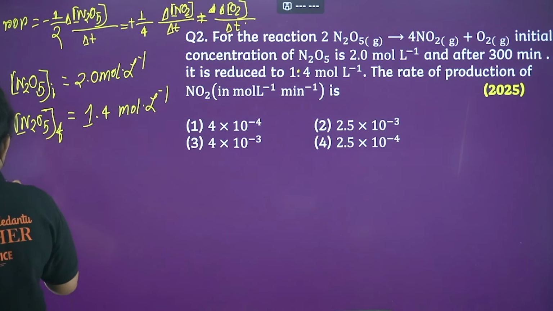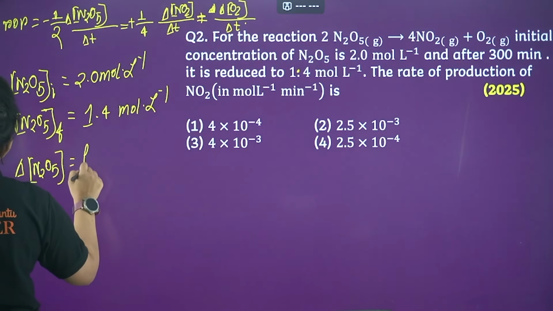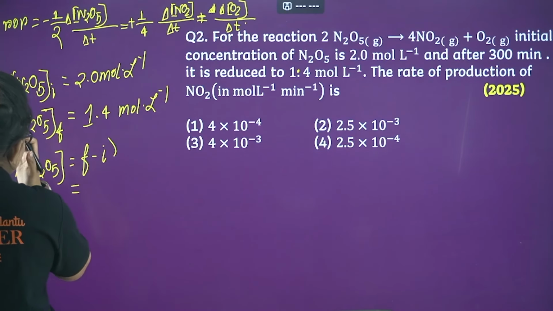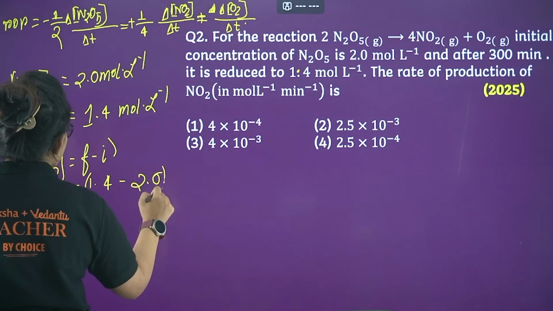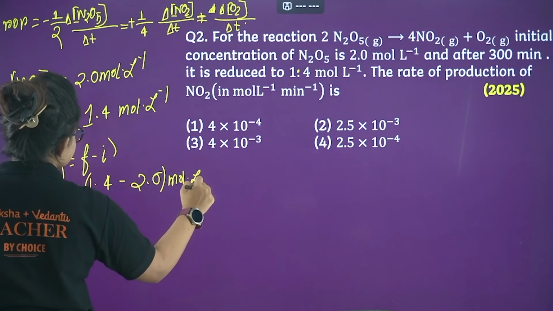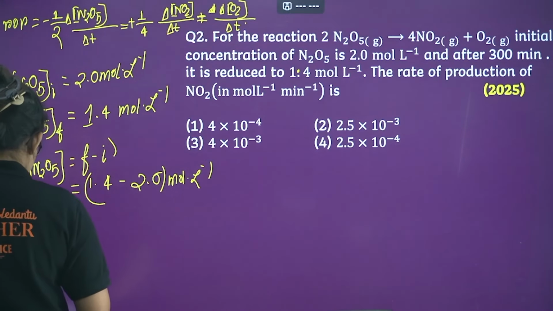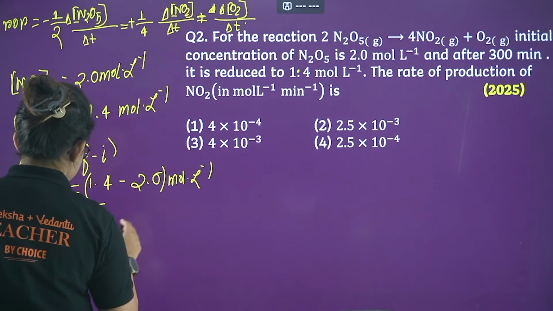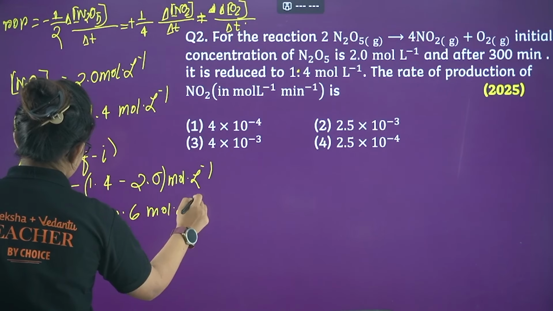Now let's calculate delta N2O5. It's nothing but final minus initial, so 1.4 minus 2.0 mole per liter. I will get minus 0.6 mole per liter.